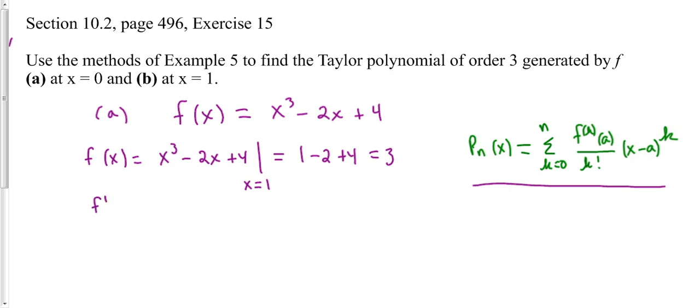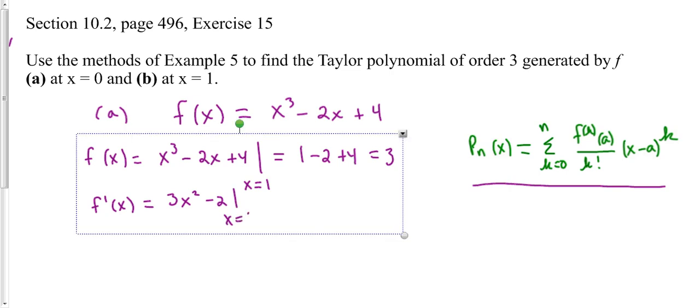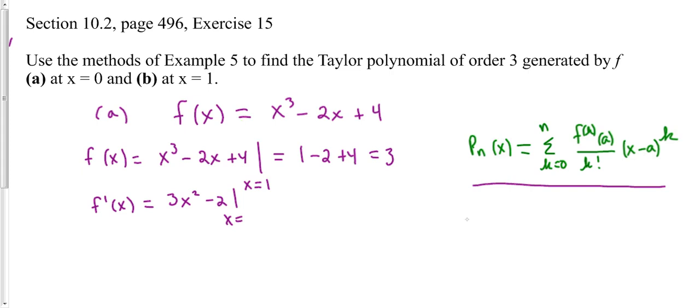And then I'm going to find my first derivative, which is going to be equal to 3x squared minus 2. And when we evaluate that at x equals 1, we are going to get 3 minus 2, which is equal to 1.